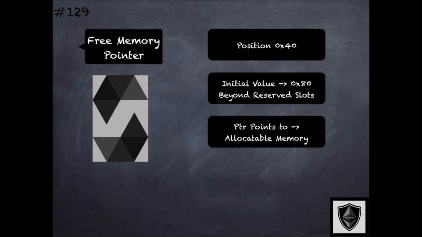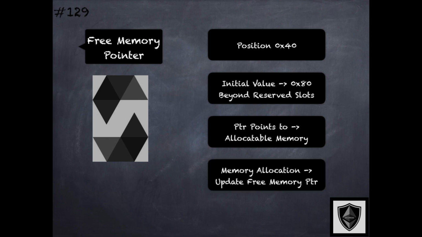This pointer effectively points to memory that is allocatable in the context of Solidity at any point in time. And whenever memory is allocated by the compiler, it updates the free memory pointer.